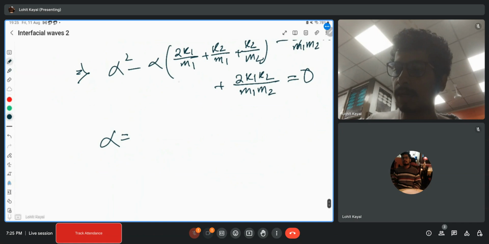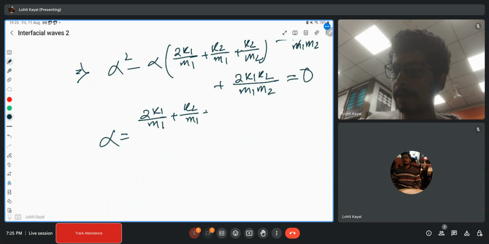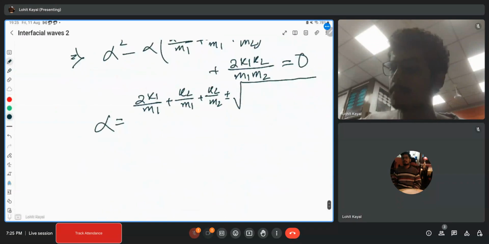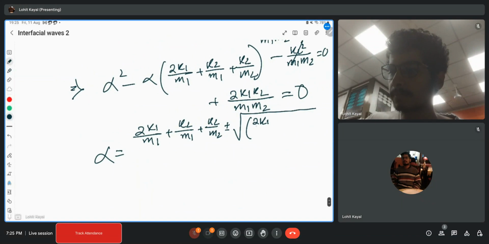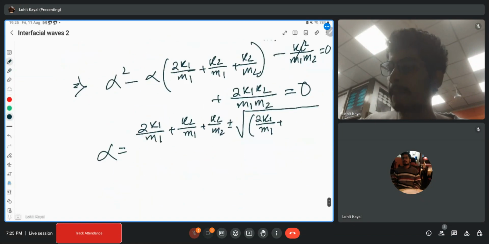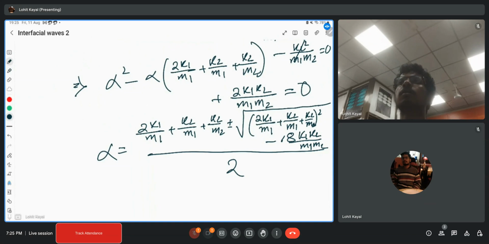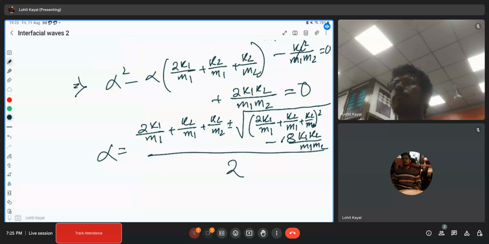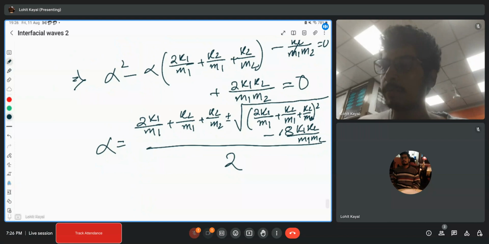So alpha equals minus b, plus or minus the square root of b square minus 4ac, divided by 2. Now if you do the calculation, you will be able to find the solution.